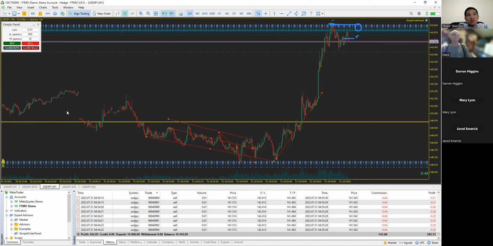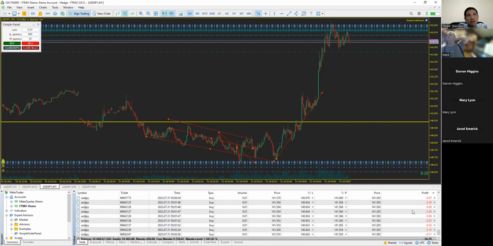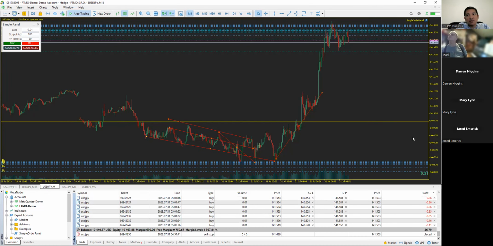Again, it hasn't really closed below. This is the last of it. And I don't want to add any more buys. So I'm risking a small amount.